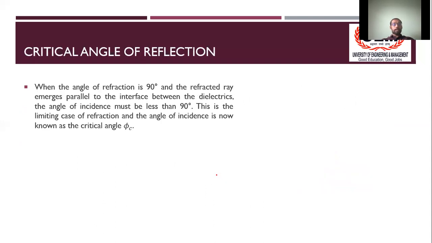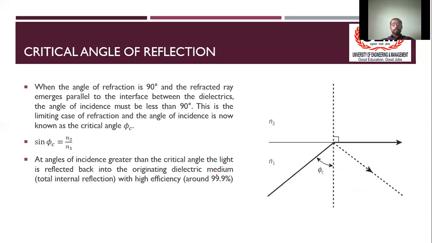So what we find is that when the angle of refraction is 90 degrees, now you see here in the diagram, only then can we achieve total internal reflection, or the reflection inside the glass medium. That means none of the light is refracted into the air medium or lost into the air medium, but it is reflected back into the medium where initially this light ray is incident.